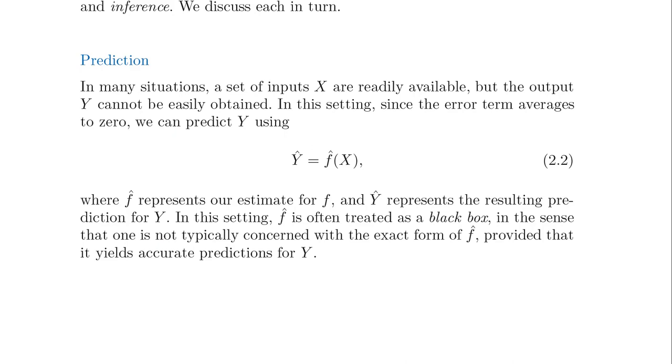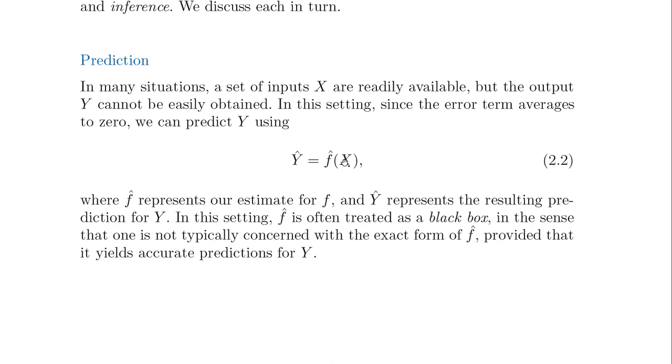Now, usually we know a lot less than everything. So notationally, we indicate that our model probably doesn't know everything, probably doesn't get everything right, using f hat.